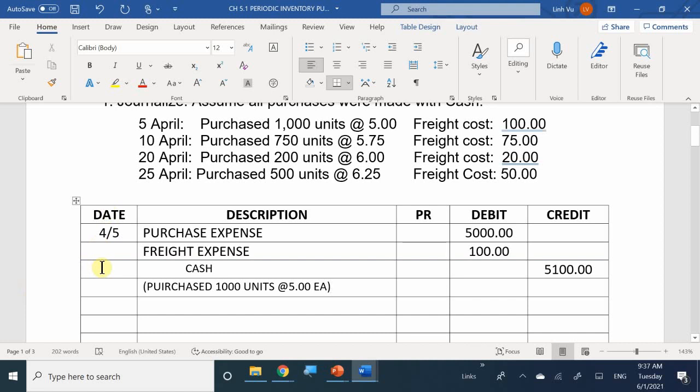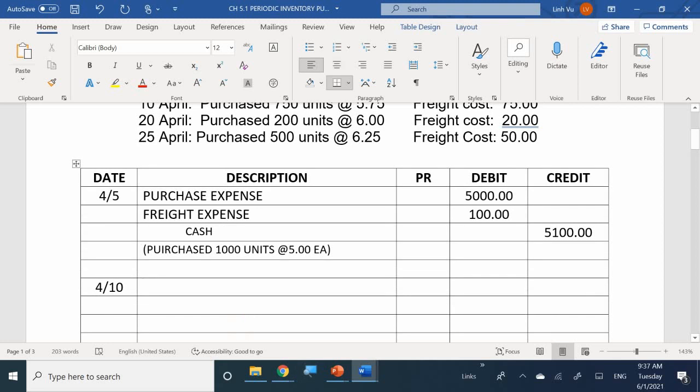All right, what about the next time? So the next date here we have is April 10, where we purchased 750 units at $5.75 each, with the freight costing us $75. So you would date it April 10. Purchase expense would be $4,312.50.